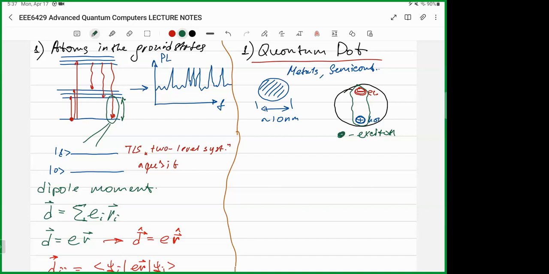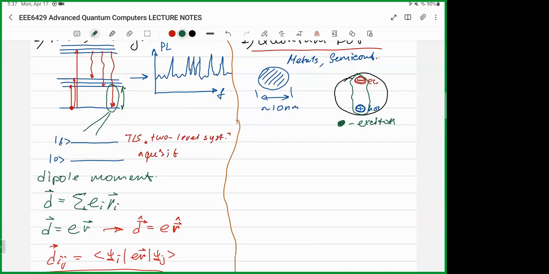As you can see, the structure with a positive hole and a negative electron is overall electrostatically neutral, consists of two particles, and the larger the interaction between hole and electron, the more stable this excitation called exciton.